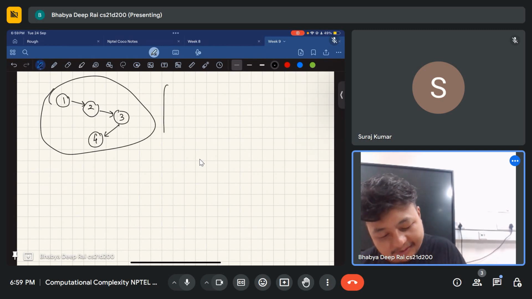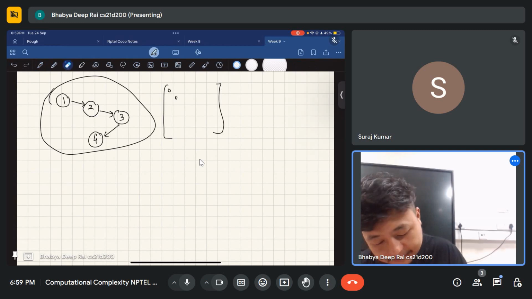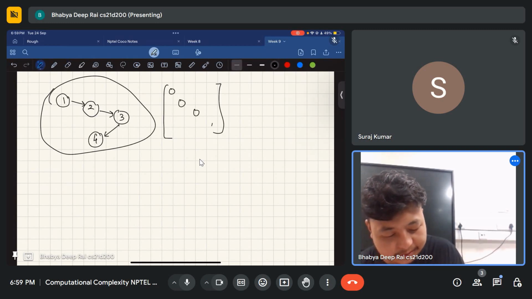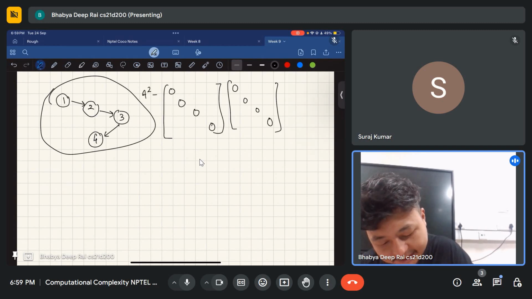And what does the matrix look like? The adjacency matrix looks like 0, 0. And here 2 0 0 0 0. I'm multiplying. I'm doing a square.